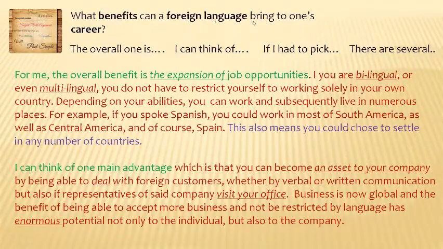What benefits can a foreign language bring to one's career? Remember, career. So I'm using working. Live and work. If you spoke Spanish, you could work in most of South America. So my answer is relating to work.